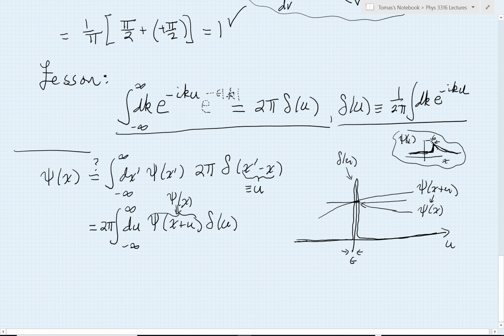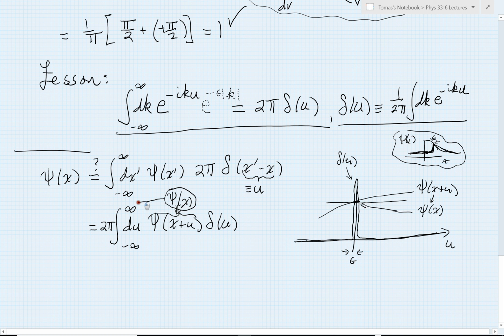But now that it's been replaced with psi of x, what I hope you will notice is psi of x now is constant. I can treat it as constant for the purposes, at least, of this integral, because it doesn't change much in value across the relevant region of space, which goes across that distribution.